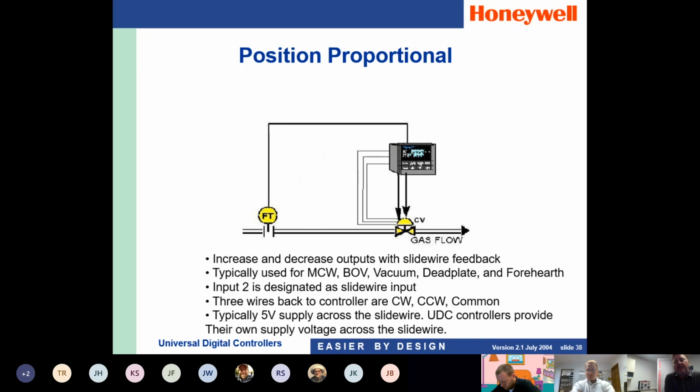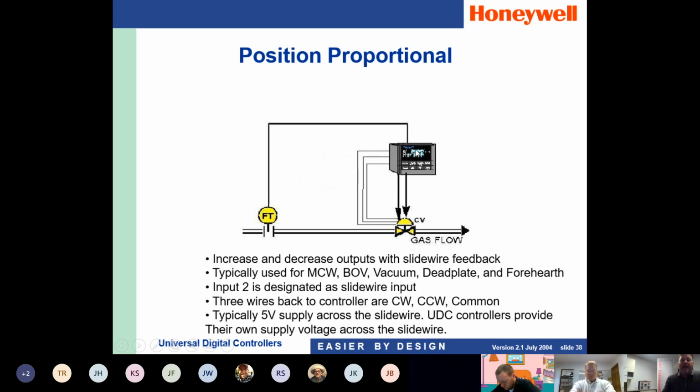But in most cases in industrial plant floors, the final control device, which would be your actuator, your valve, or damper actuator, would provide 3 wires back to the controller that would have a 0 to 1,000 ohms or a 0 to 5 volt signal that would be linear to wherever the position of this valve was.